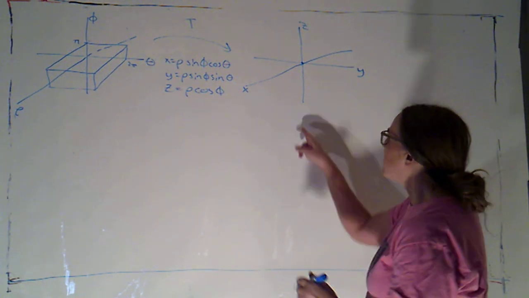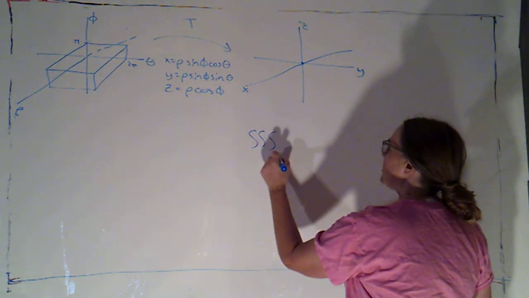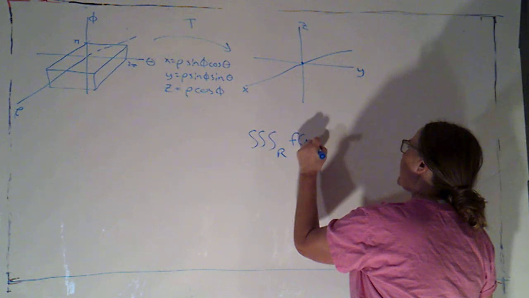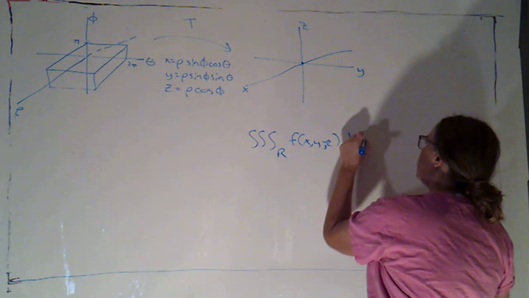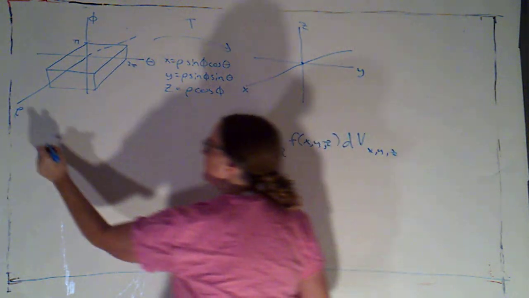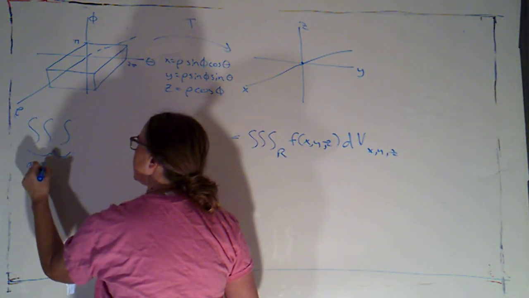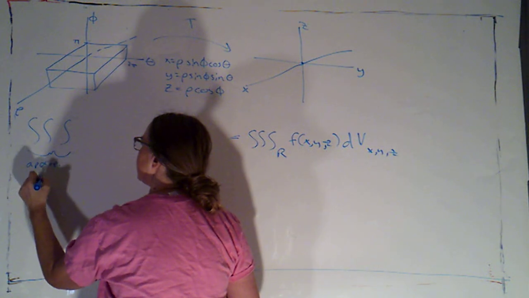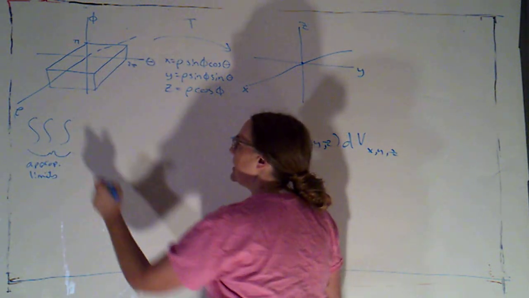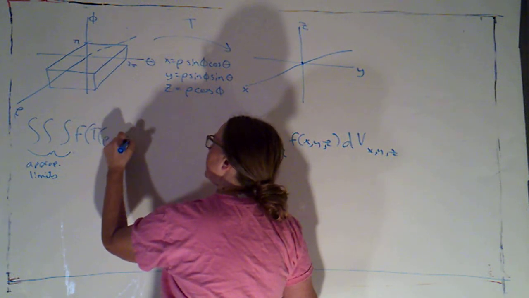Okay. So I know that if I had a triple integral over some region R of f of x, y, z dV in xyz space, I know that should be the triple integral. I'm just going to write appropriate limits here because I'm going to write this one as an iterated integral. That would be f of the transformation of rho, theta, and phi.